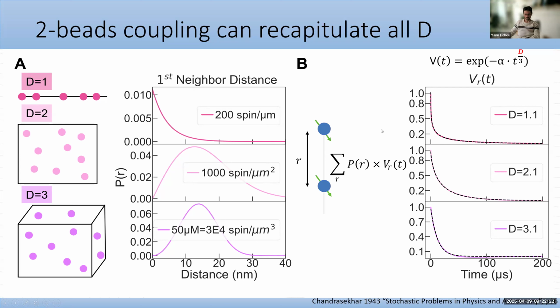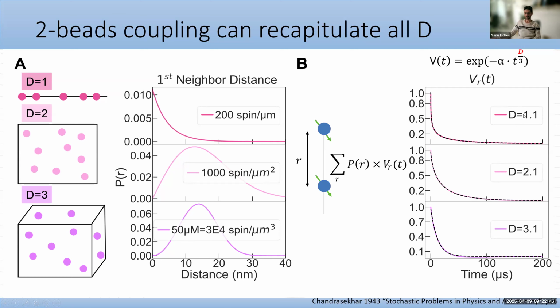From that, we can directly simulate or calculate the dipolar evolution time, which is the observable in DEER, and we can fit it with this equation that I showed you before and recover the D that is fitted.